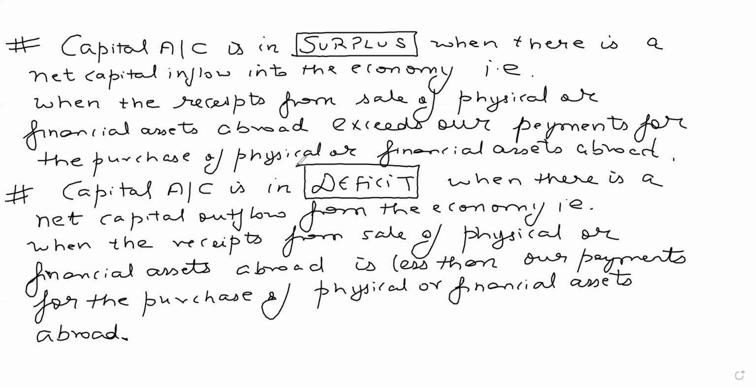Hoping that students have understood when the capital account is said to be in surplus and when in deficit, and when will the capital account be in balance. I'm not writing it, but I can discuss it orally. Capital account will be in balance if the receipts from the sale of physical or financial assets abroad are exactly equal to the payments we are making to the foreigners for buying physical or financial assets from them.